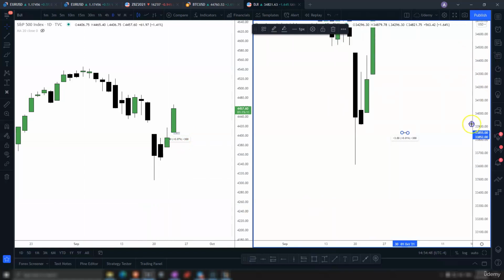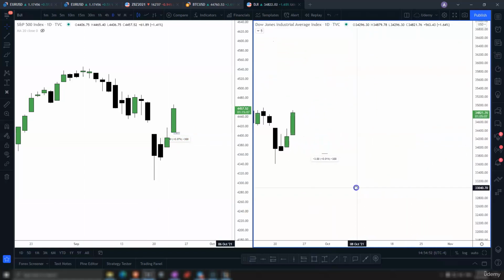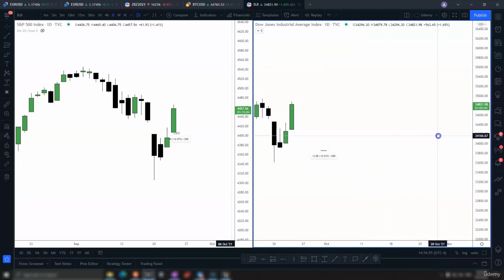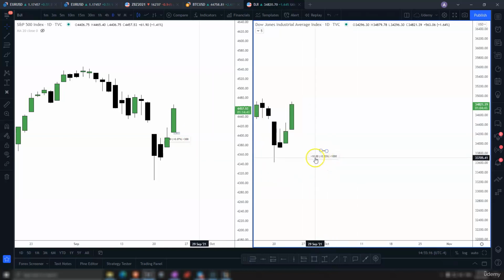So let's make those candlesticks the same length. You see they are kind of the same. You see that 3 points, you don't even see it on Dow Jones, but you see it here. So let's add 10 points. Even -10.